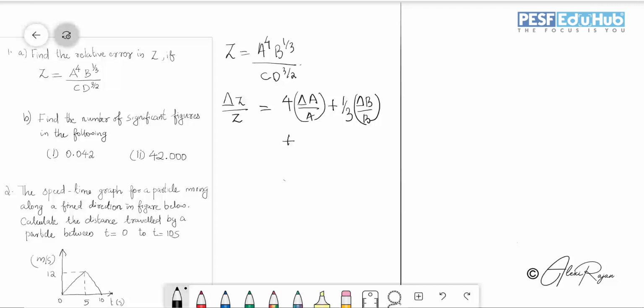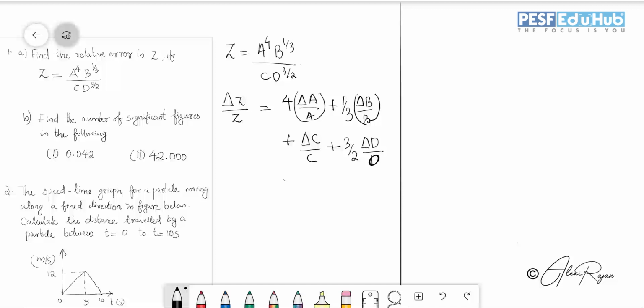What is the power of c? It is 1 itself, right? 1 into some number is that number itself, so delta c by c, plus, what is the power of d? That is 3 by 2, delta d by d.